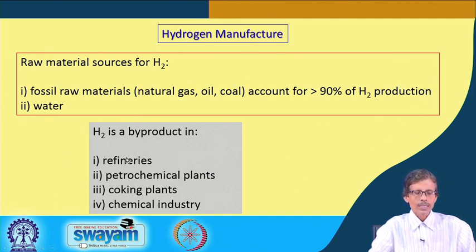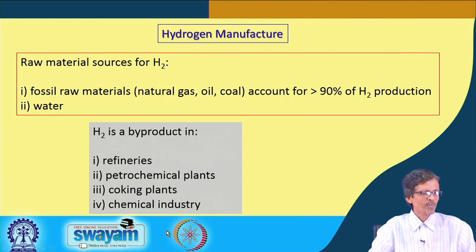Similarly, in other cases hydrogen can be a byproduct in petroleum refineries, different petrochemical processes and petrochemical plants, coking plants, because the gasification of coke and coal can give us hydrogen also, and in different chemical industries.